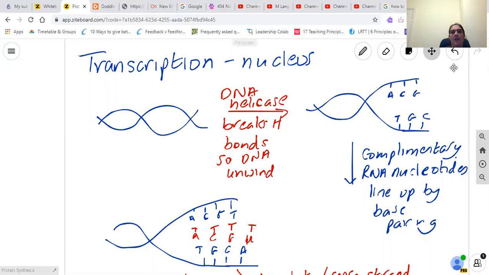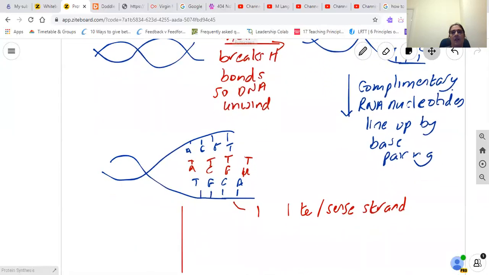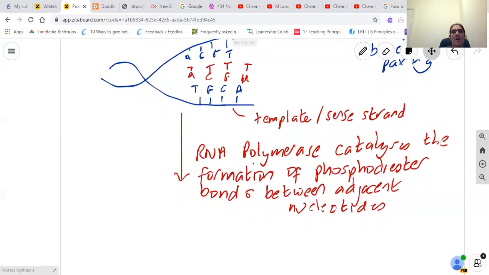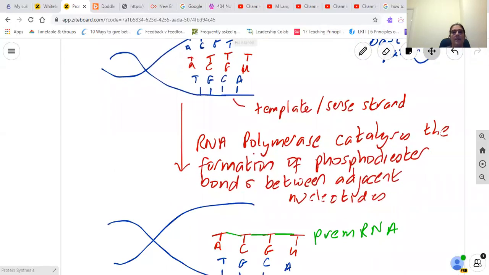However, DNA replication has DNA nucleotides and transcription has RNA nucleotides. In DNA replication, both strands are copied, whereas in transcription, you only copy the template or sense strand. And lastly, they both use polymerase, but transcription uses RNA polymerase, and DNA replication uses DNA polymerase.